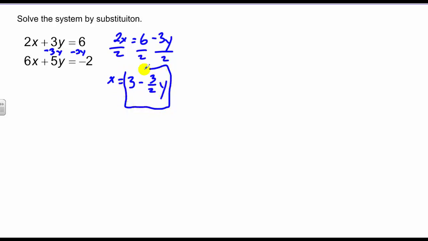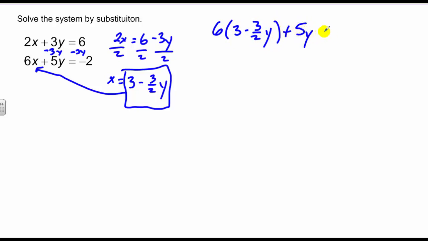So I'll take that value for x, plug it into the value of x in the second equation, get 6 times 3 minus 3 halves y plus 5y equals negative 2. Distribute: 18 minus 9y plus 5y equals negative 2.